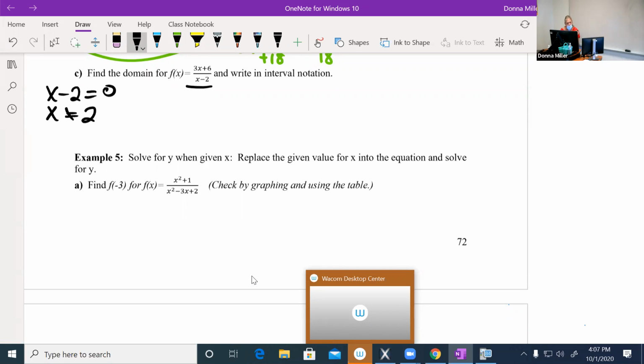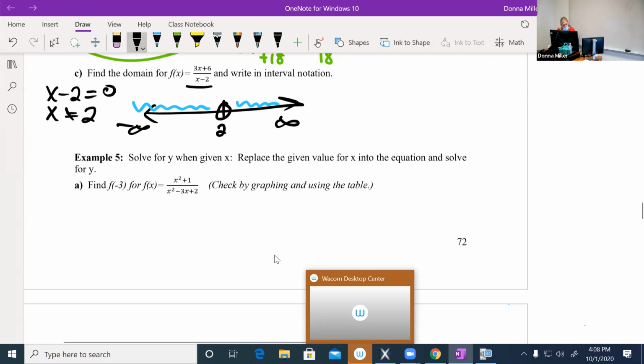So I know that x can't be 2. That's the domain, right? I'm going to write it in interval notation. Here's 2. One interval here, one interval here, right? So it's negative infinity to 2, union 2 to infinity. Okay, so for the domain, just set the bottom to 0, and that's what x can't be.